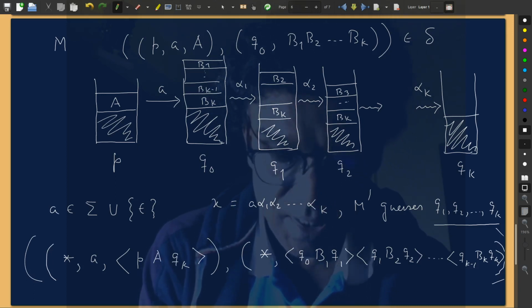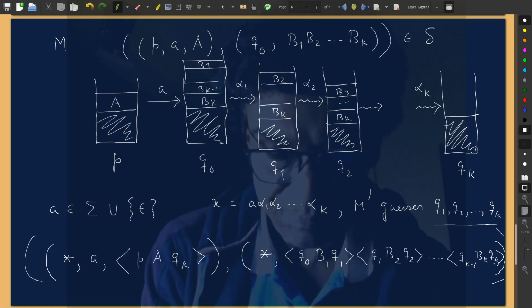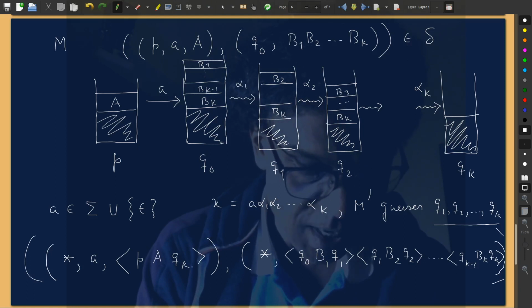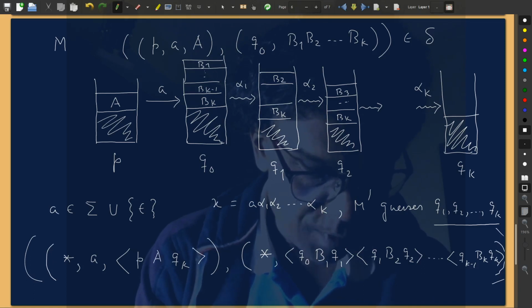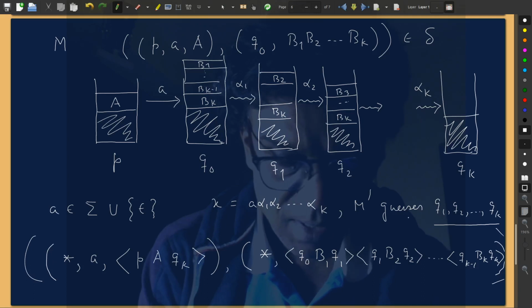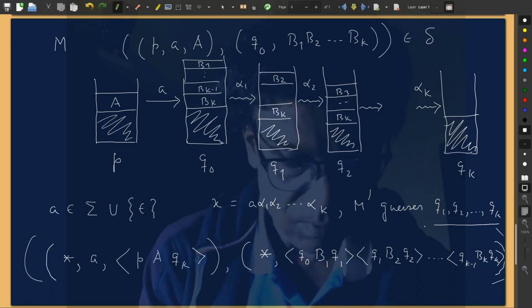It will finally be able to get rid of Bk and eventually reach this state Qk. So the overall effect is getting rid of A and moving from P to Qk. And since M prime can non-deterministically guess what the states will be, it will do it for all possibilities of Q1 through Qk.